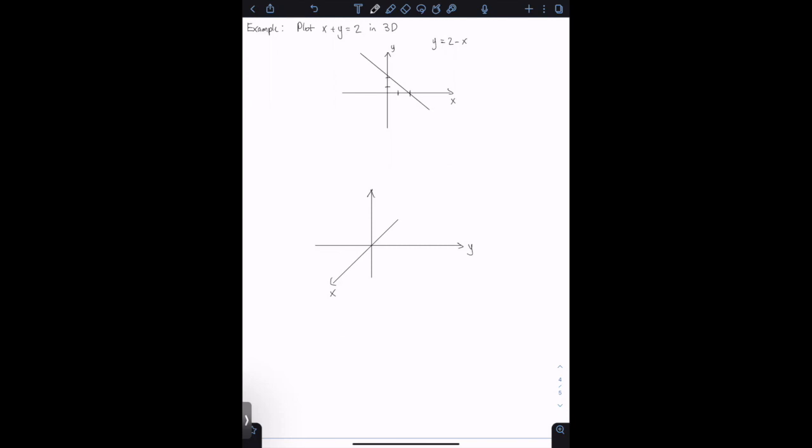And if we go to 3D, let's try to plot that. It's going to look the same on the XY plane. We're going to have this line here. But once again, in this equation, y equals 2 minus x, z is a free variable, because it does not appear inside the equation.